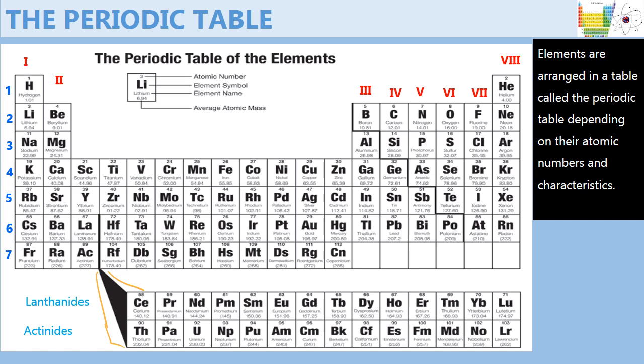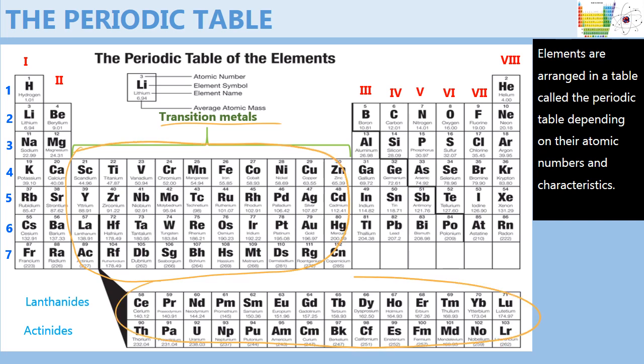The reason why we've taken them aside is just to make sure that the table is not too long. Next, we have the transition metals that are elements contained in this region, including these ones.